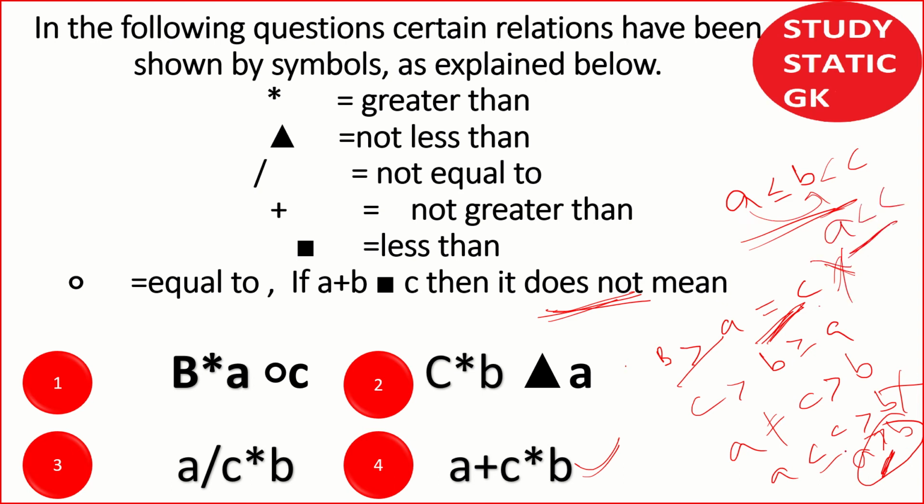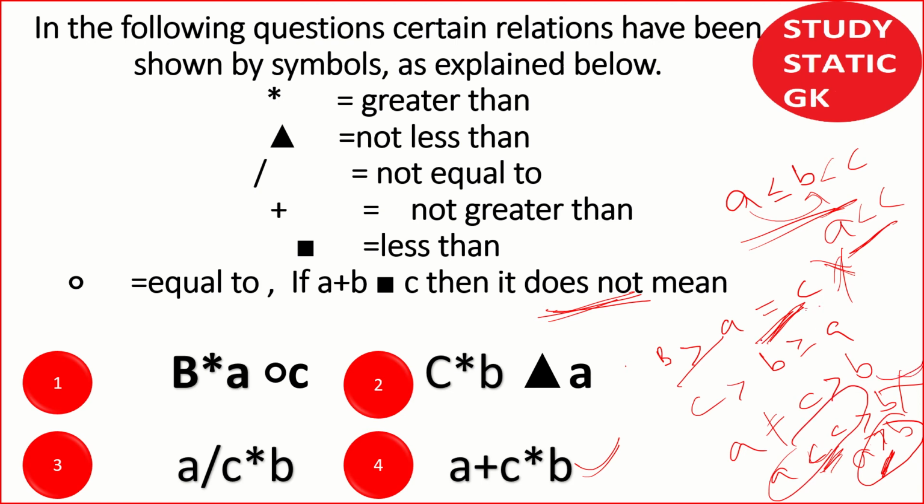And again, he is asking 'does not mean', so we are taking A less than or equal to C in the place of C; this is one of the possible cases. But if A is less than C, then A may not be greater than B, so this may happen. So this first one is the answer.